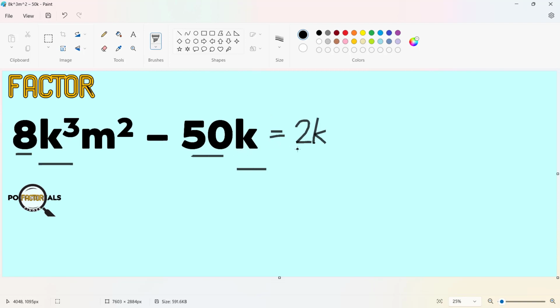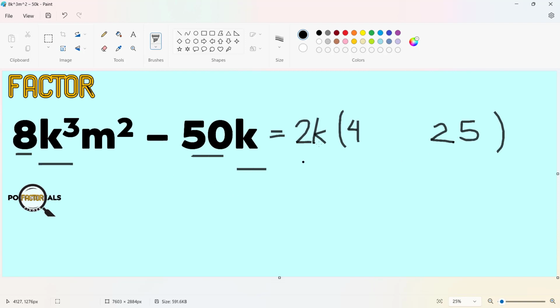Now 2k is the common factor for both terms, and we have the remaining binomial after we took out 2k. For 8 it will become 4 because 8 divided by 2 is 4, and for the second term it is 25 because that's 50 divided by 2.